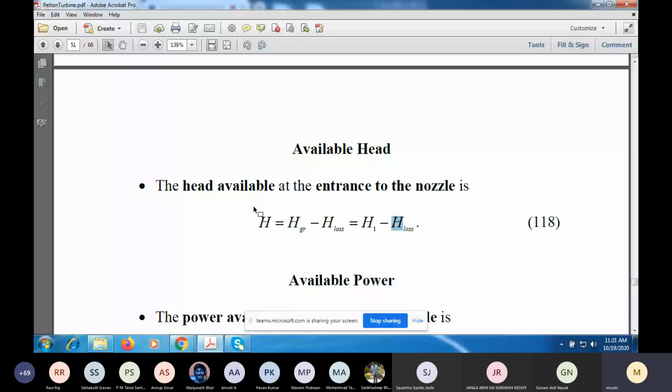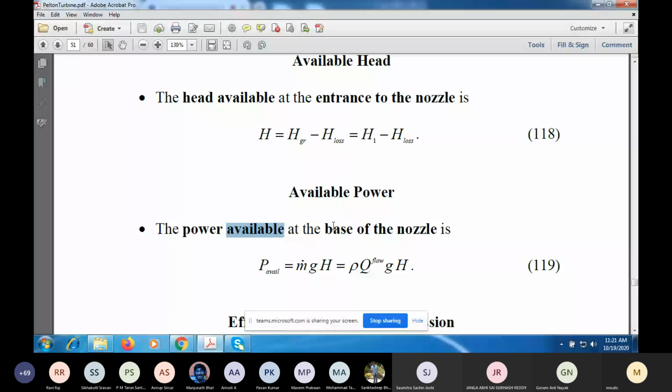And associated with that, you can talk about a power available at the base of the nozzle, which will be simply m dot g H or rho times Q flow g H. So P available, capital P is used for power, and this subscript avail is for the available power. This is the power available not at the exit of the nozzle, but at the inlet of the nozzle.